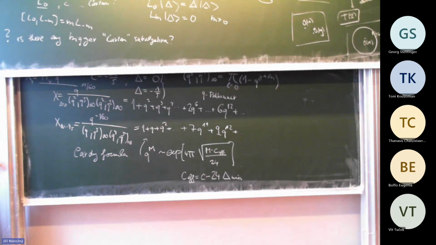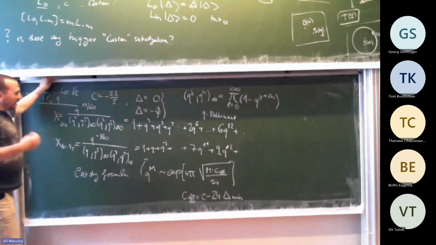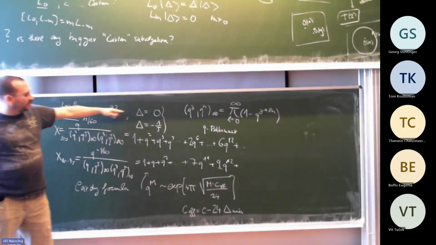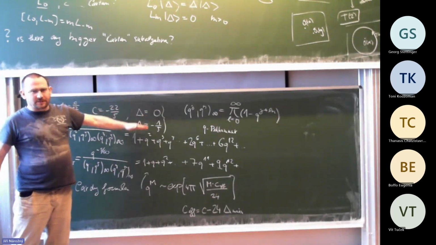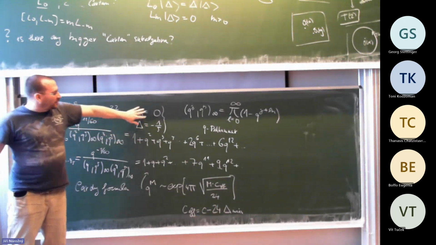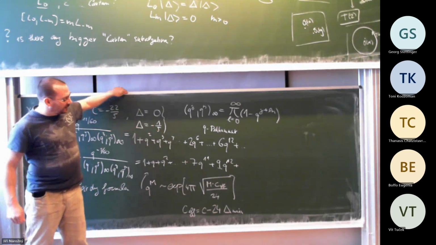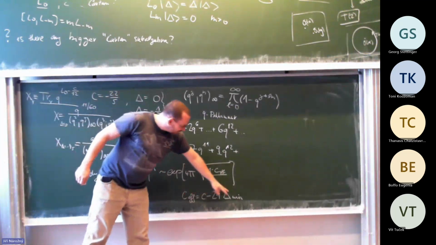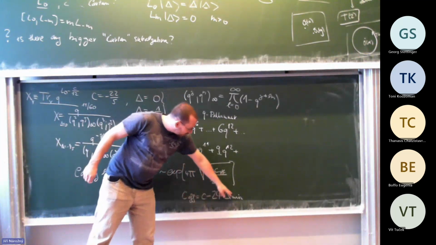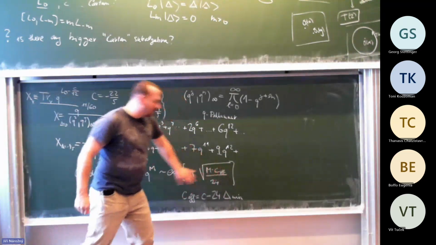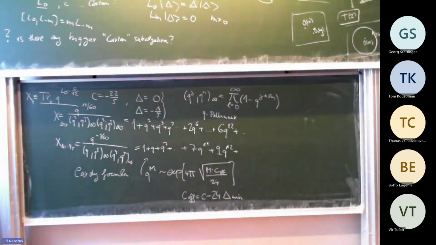So there is a nice class of representations which people call minimal models, and for those we have a finite number of interesting primaries. One of them has the minimal dimension. In our case, this is -1/5. So then this c effective, what people would call the effective central charge, is given by this formula, and it controls the asymptotic growth of the numbers of states.